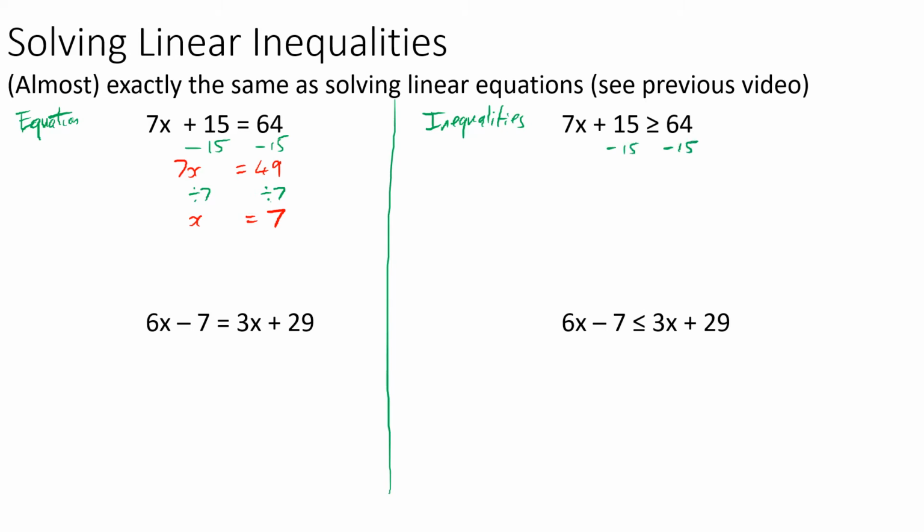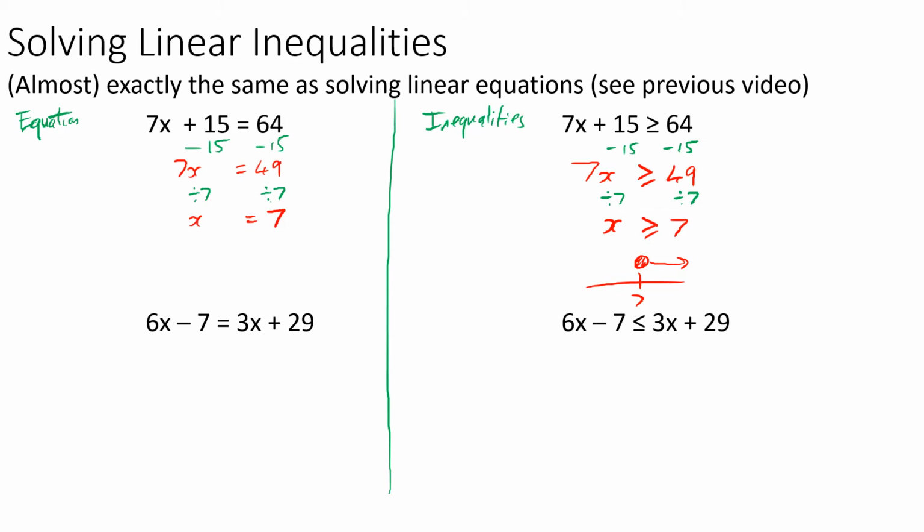So that would give us 7x is greater than or equal to 49. So the only thing that's different is obviously the sign. And then we would divide by 7. And we get ourselves to x is greater than or equal to 7. Job's done. If you wanted to draw that, you could. Number line, 7, filled in circle, going to the right. That's all I mean by quite how similar they are.